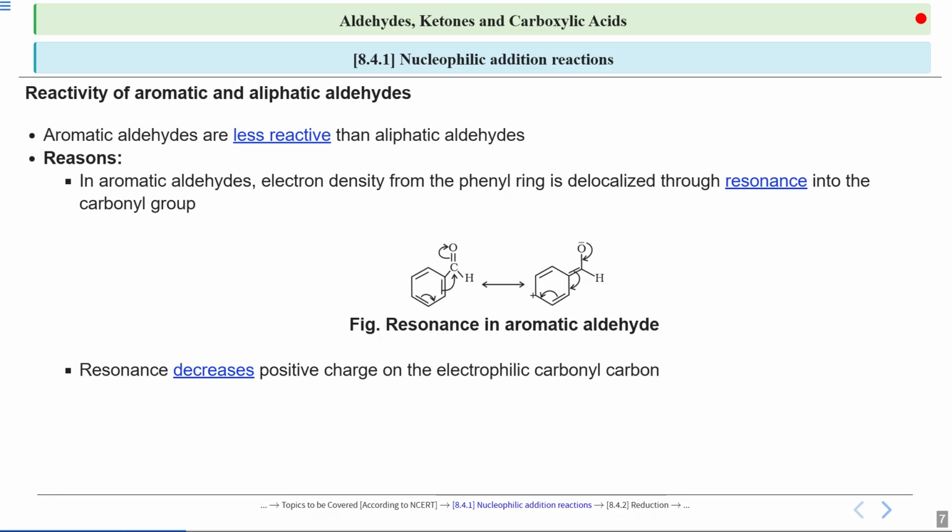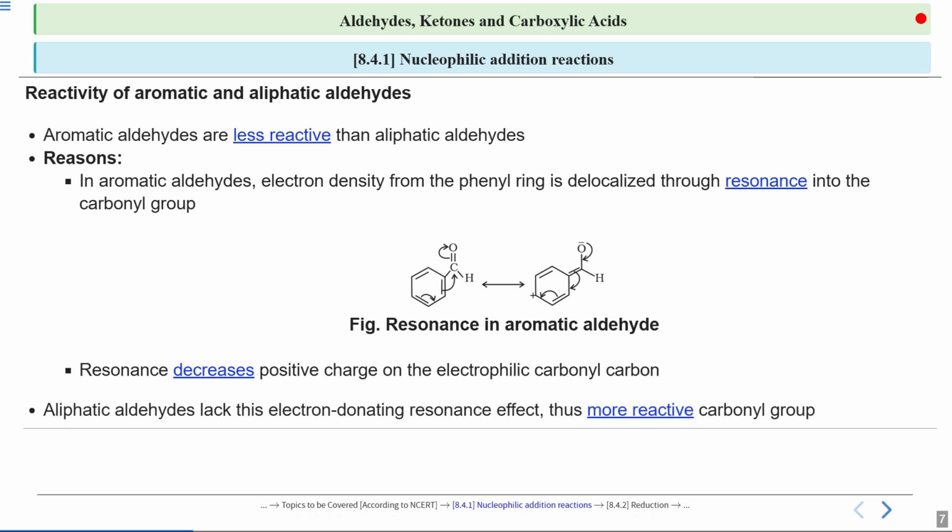So this resonance decreases the positive charge on the electrophilic carbonyl carbon. So the nucleophiles find it harder to attack the carbonyl carbon in aromatic aldehydes. That is why they are less reactive, because the electrophilicity of the carbon decreases.